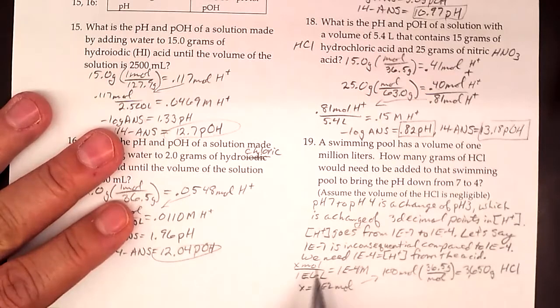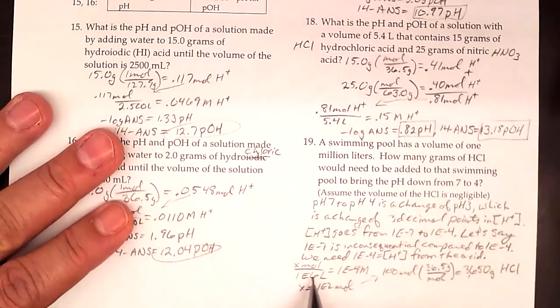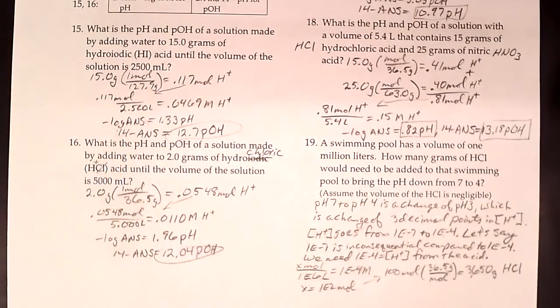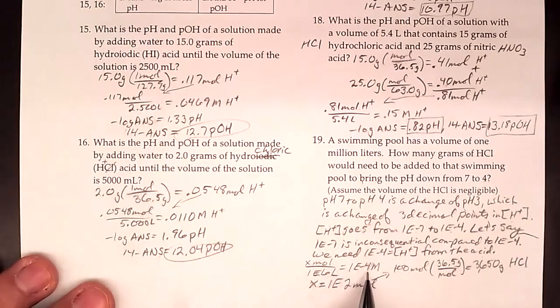Molarity is equal to the moles divided by the liters. The liters is 1 million, which is 1 times 10 to the 6th liters. When I solve for x, I do this times that. 1 times 1 is 1.